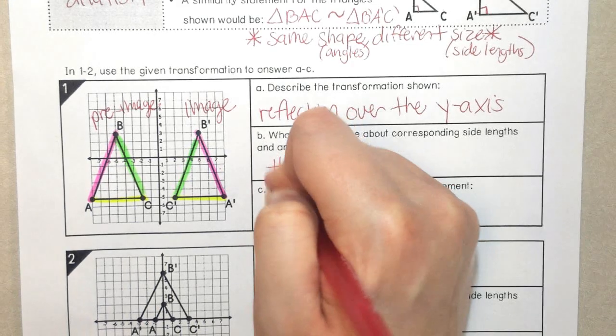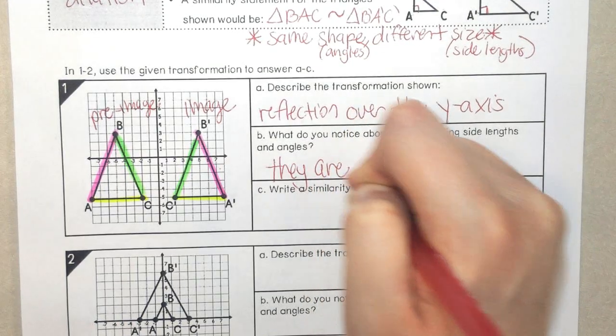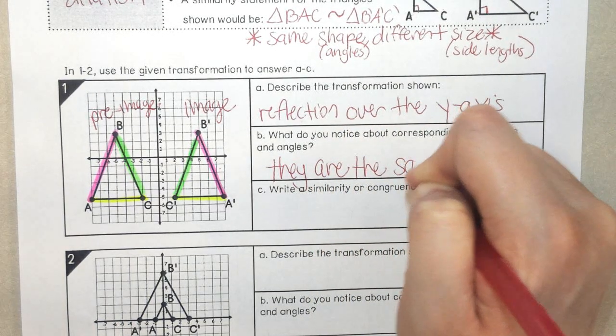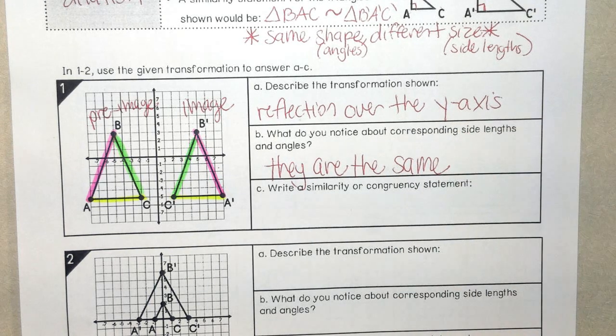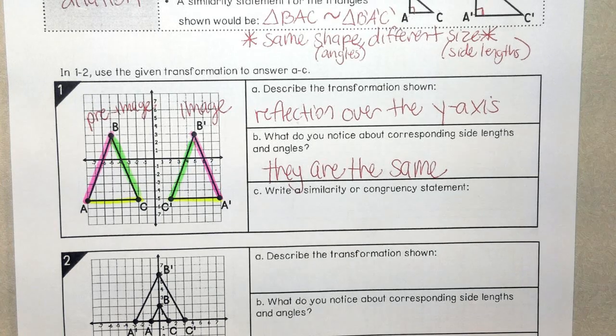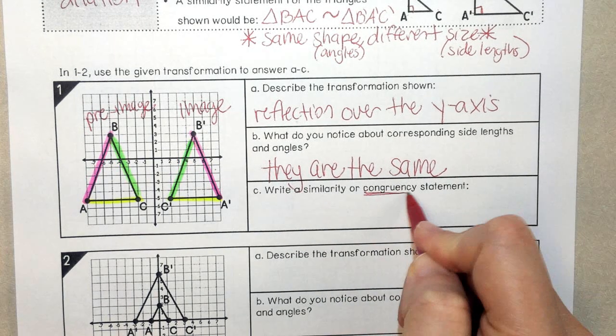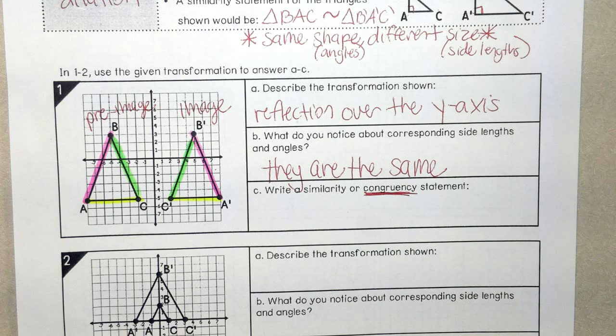Okay. If the side lengths are the same and the angles are the same, that means it's the exact same shape, exact same size. So Valeria, is that going to be similar or congruent? Congruent, very good. If everything's the same, they are congruent.